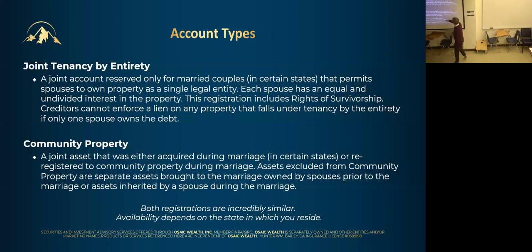Now, one thing that I will say is that with community property accounts, one thing that is very nice is, remember how we were talking about joint tenancy with rights of survivorship? Only 1/2 of that account gets a step up in basis because it's only for the person who died.